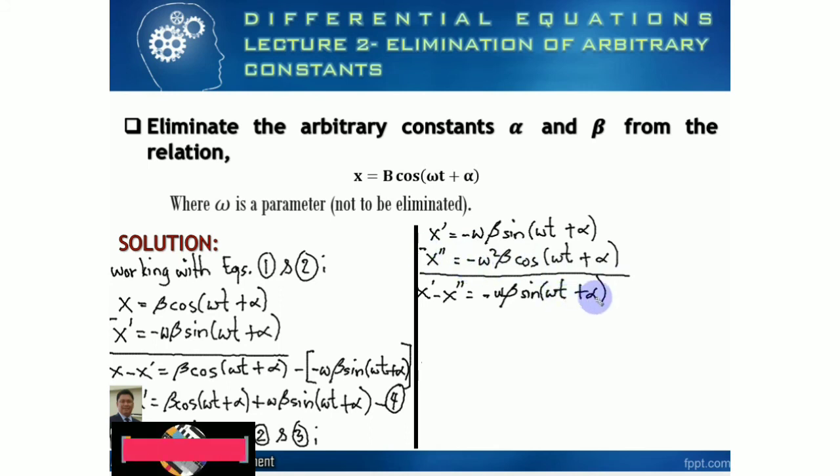Minus and negative is just equal to positive, so plus omega squared beta cosine of omega t plus alpha. Okay, so we will denote this one as our equation number 5, from equations 2 and 3.